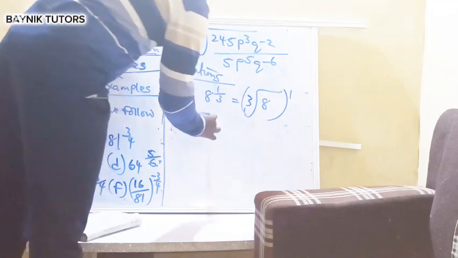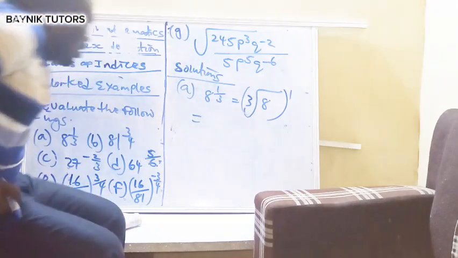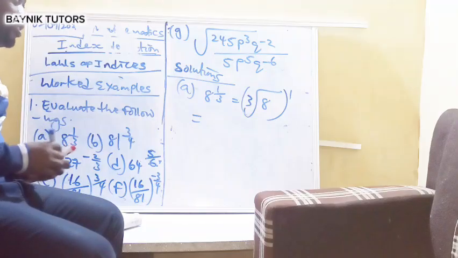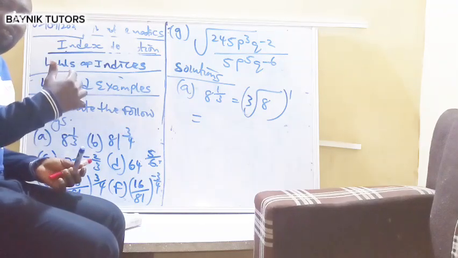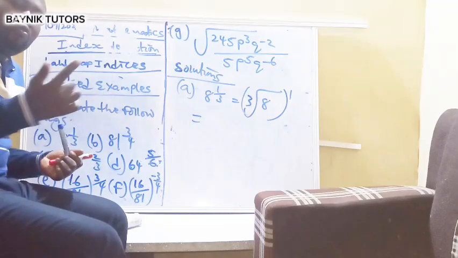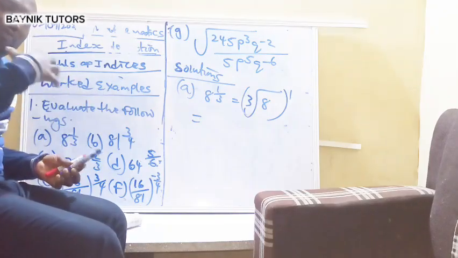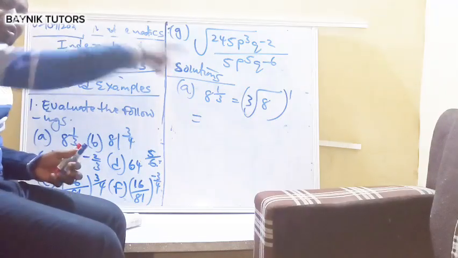First, you must take note that when you see a question in indices, you must know the law. The instinct you get through knowledge of the laws will guide you, because you've been able to understand all the 8 laws. So naturally, you will know the law to apply.